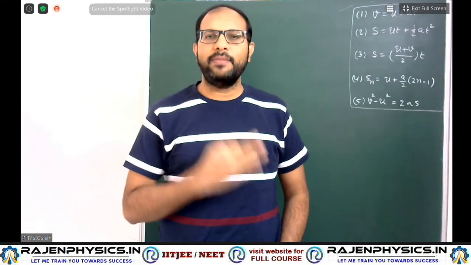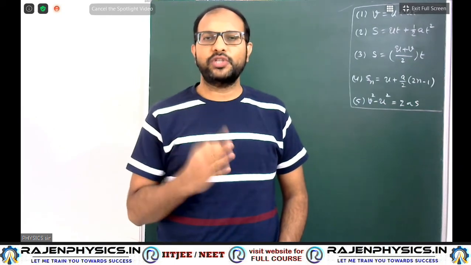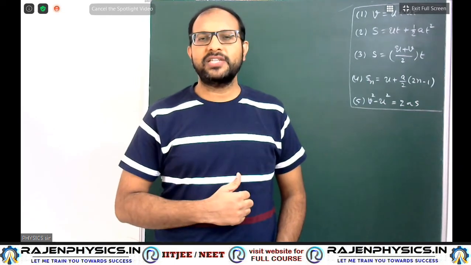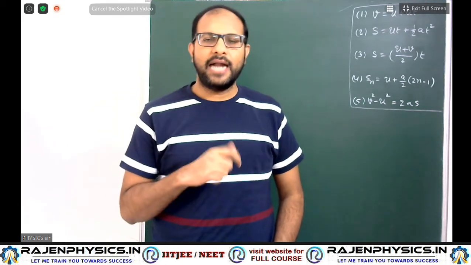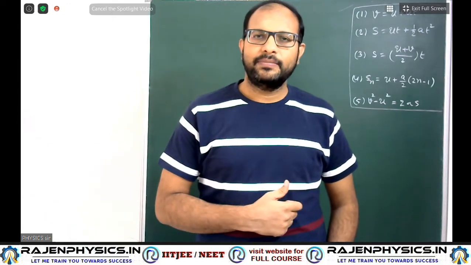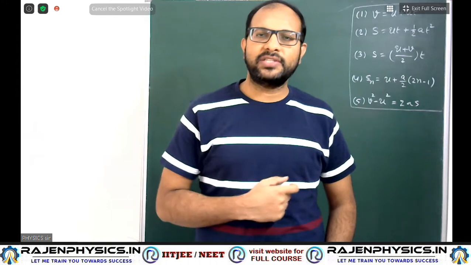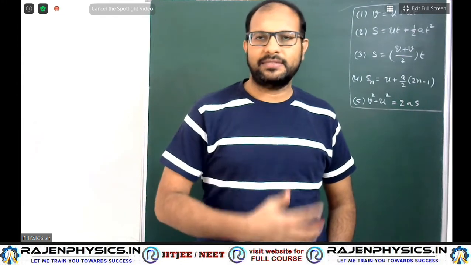In that uniform accelerated motion, there are 5 equations of motion that we derived in the last class, and remember all 5 equations. Based on these 5 equations, how to solve different problems is today's class.